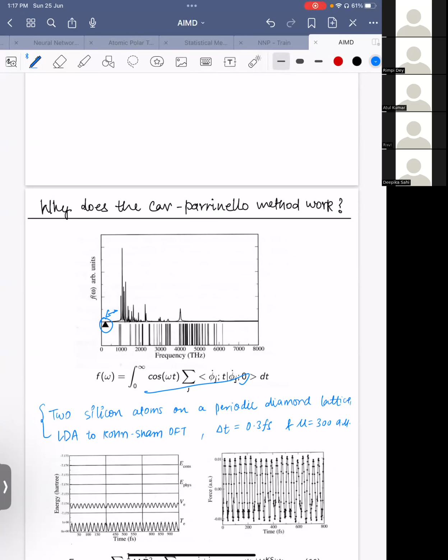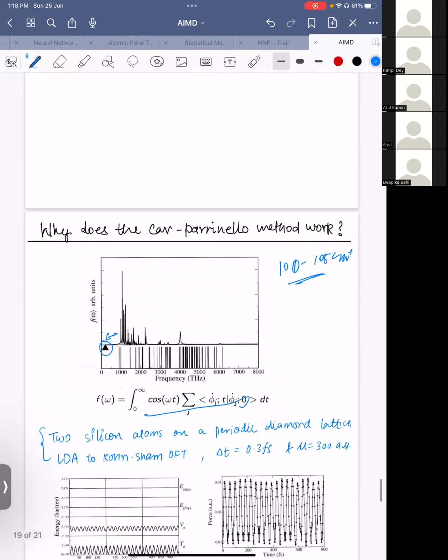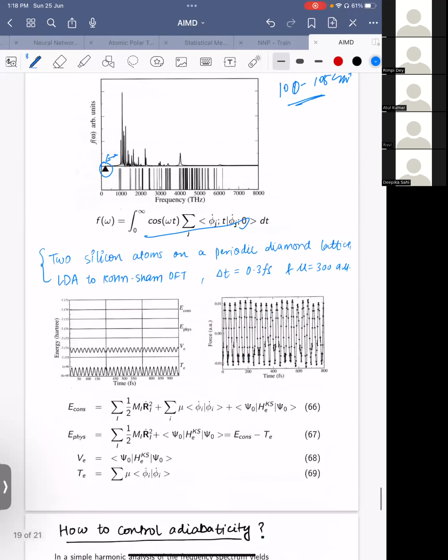The highest frequency of the nuclear phonons is around 100 to 105 centimeter inverse. So there is a separation, and there will be no energy transfer. This was for two silicon atoms in a periodic diamond lattice using the LDA approximation in quantum theory, with a time step of 0.3 femtosecond and a fictitious mass of around 300 atomic units.